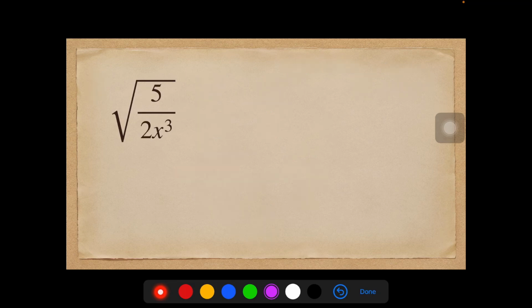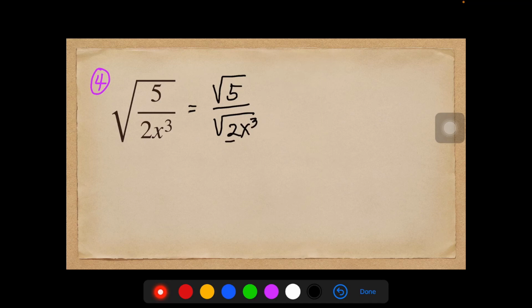Another one we have, I think this is the fourth example or fifth maybe, whatever, for as long as we learn how. Okay, again, this is a fraction, so again, it's a square root of 5 over square root of 2x cubed. What makes it different from the previous example?